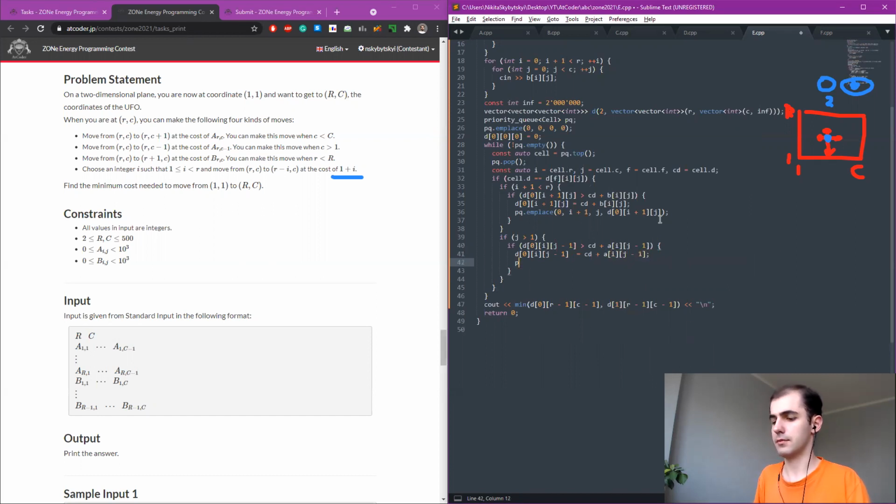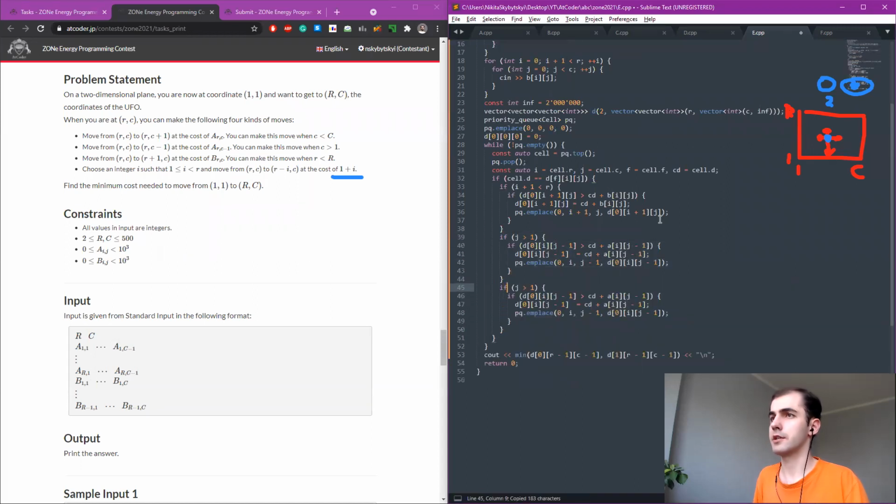Retype this, and then 0, i, j minus 1, distance 0. Now we can copy paste that part because it will be almost analogous, except here you want to check like this. And here, when you're moving up, right, to the right, or whatever direction this is, we'll use a[i][j] for some reason.